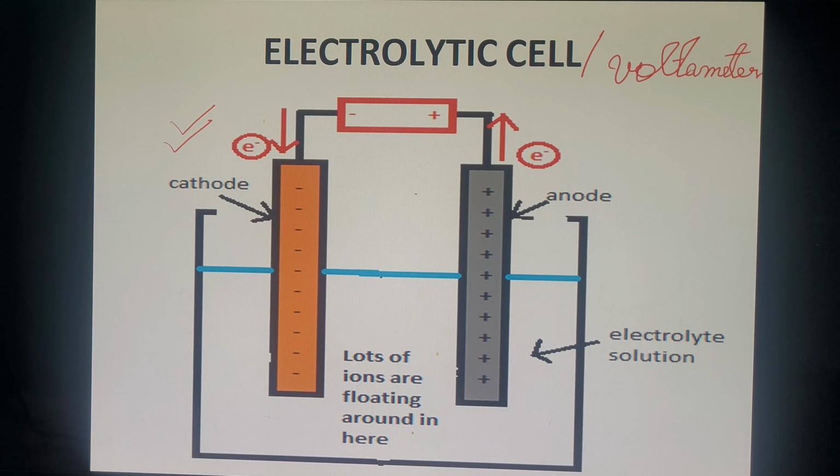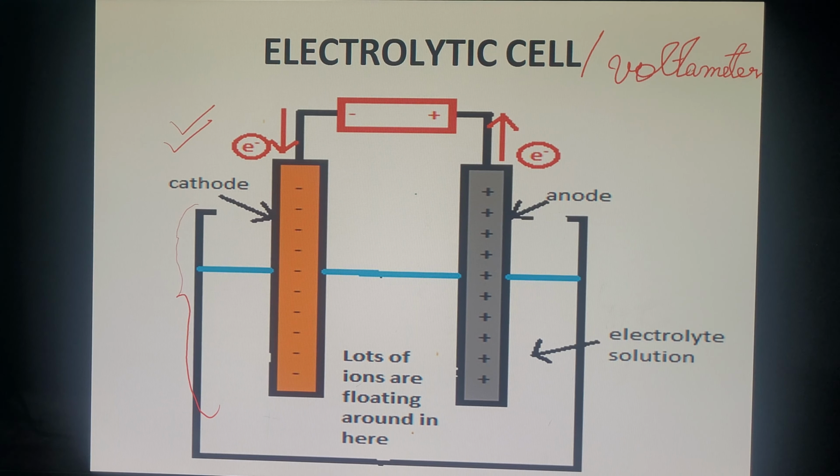Clear? Now whenever we are using a voltameter, can you all see this apparatus? The only condition that is required for making an electrolytic cell or voltameter is that it should be a non-conducting vessel. That means in itself, it should not start conducting electricity. So the first thing that we require for carrying out electrolysis is this electrolytic cell.